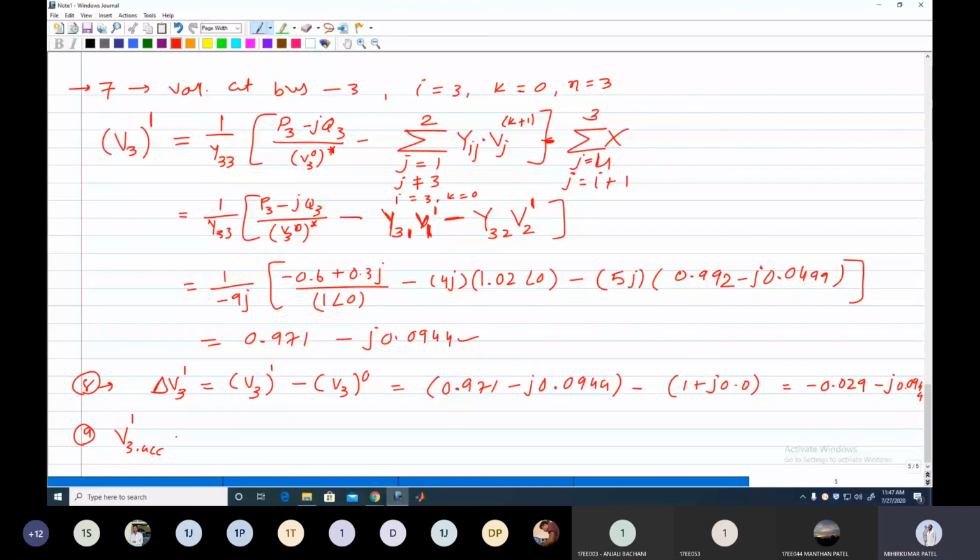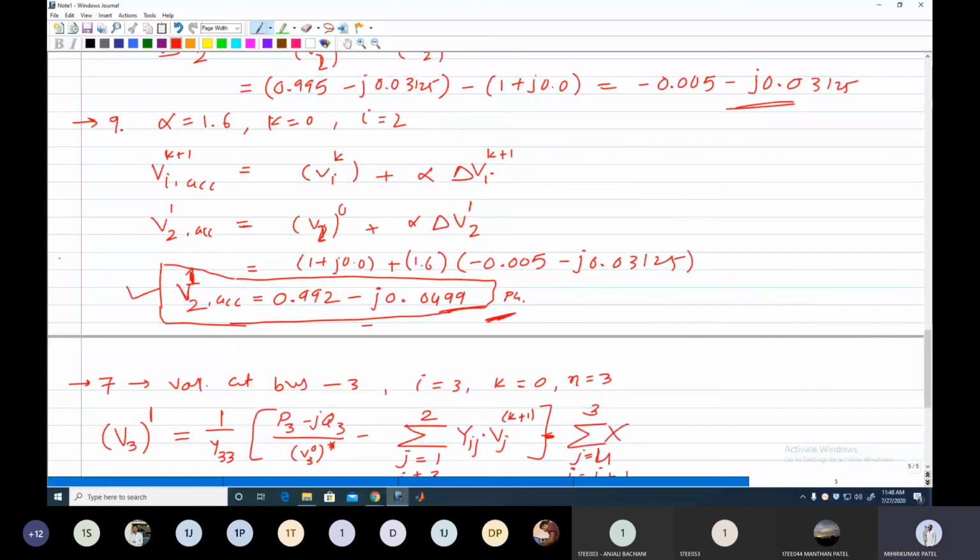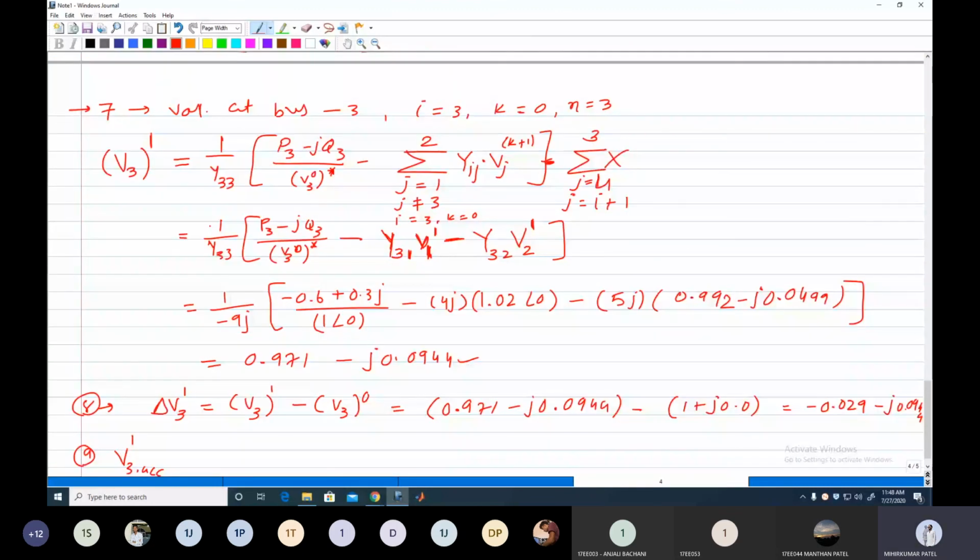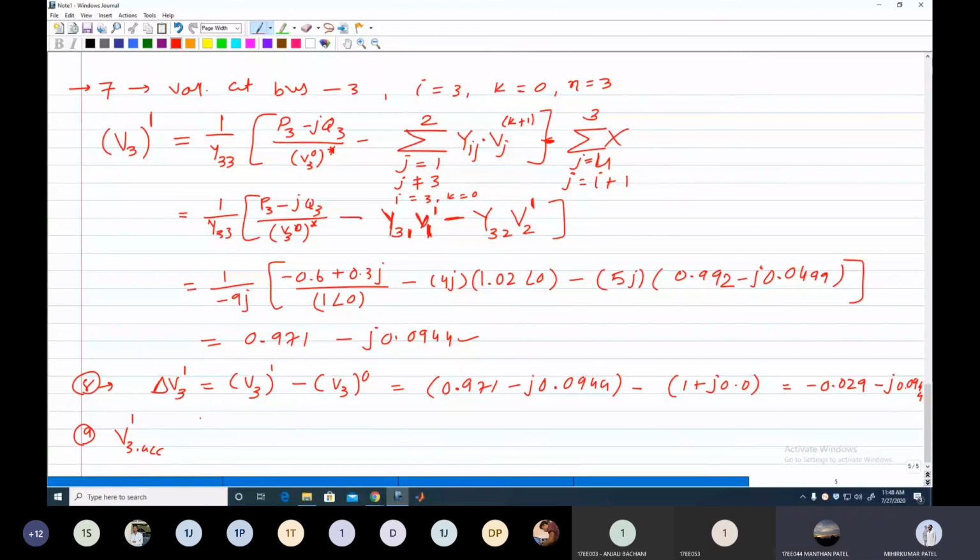Same way, similarly, you have to write it for I equal to 3, alpha equal to 1.6 and k equal to 0. So what is the equation for step 9 at bus number 3? V30, yes, very good, V30 plus alpha delta V31.